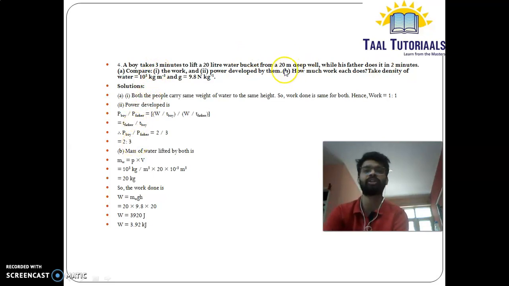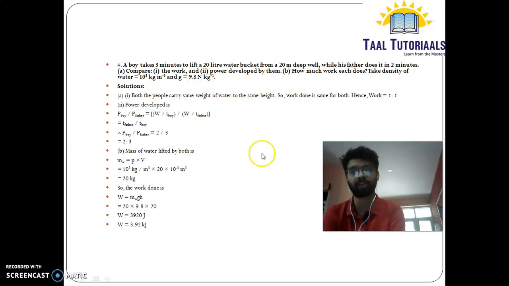Now the third question is, how much work does each do? Before getting the work, we have to find the mass because we have got g and we have got height as well. So mass is equal to density into volume, as we have discussed before.